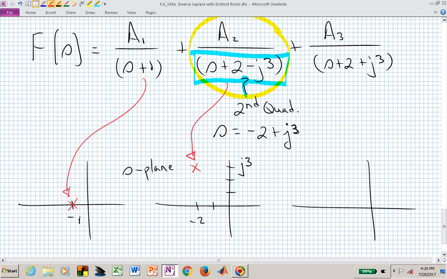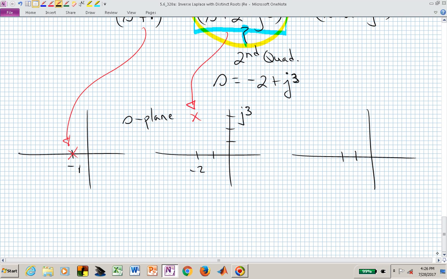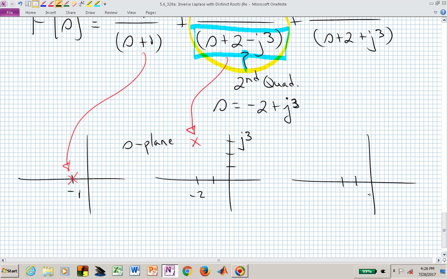And finally, the other s-plane pole location, which is now at minus 2 minus j3, if we replaced s in this factor with a value of minus 2 minus j3, that would also cause that particular factor to vanish.